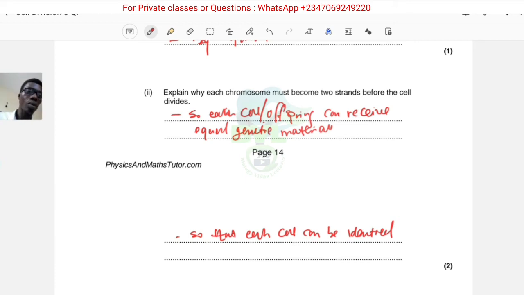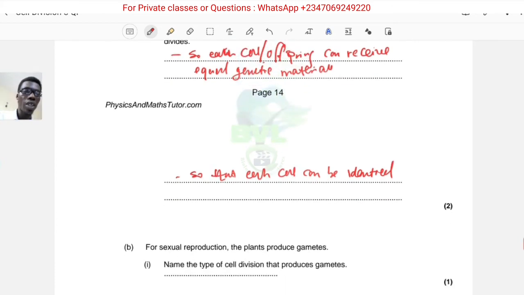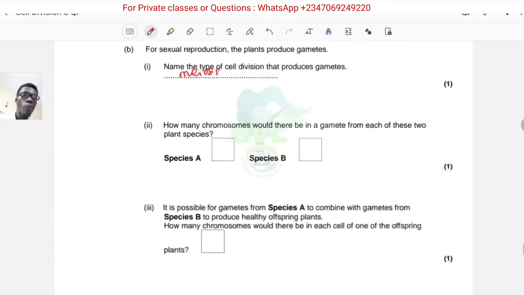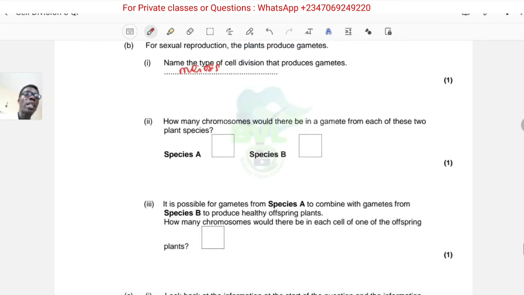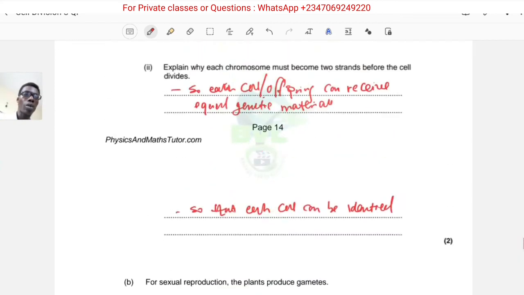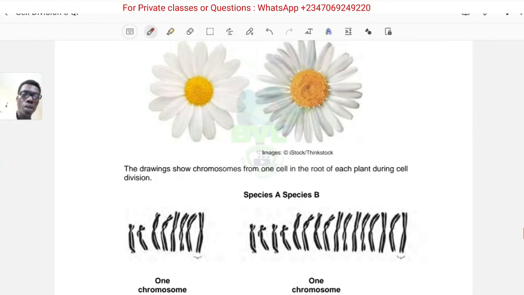Okay, for sexual reproduction, the plants produce gametes. Name the type of cell division that produces gametes. Of course, it is always meiosis. All right. How many chromosomes will there be in a gamete from each of these two plant species? Well, we have to go back here and count.